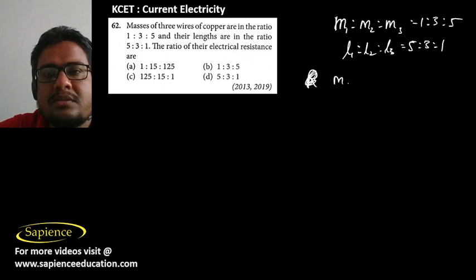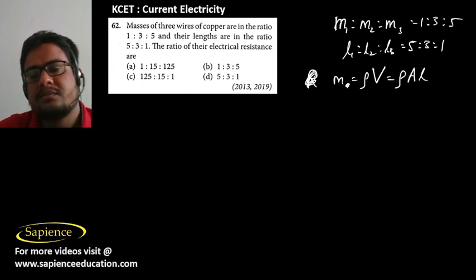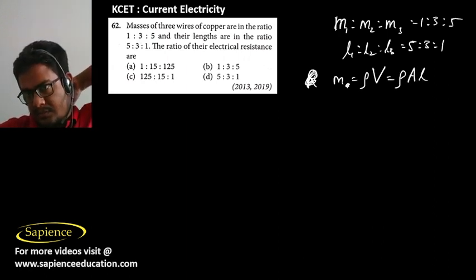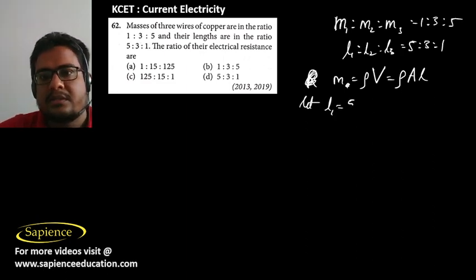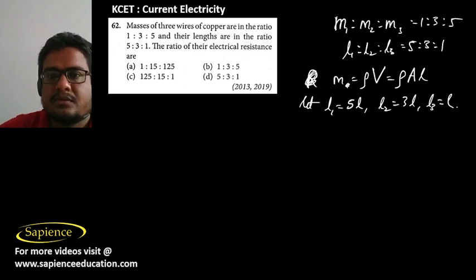So mass is density times volume, and volume means area of cross section into length. Let their lengths be L1 = 5L, L2 = 3L, and L3 = L. So M1 is rho 1 A1 L1.